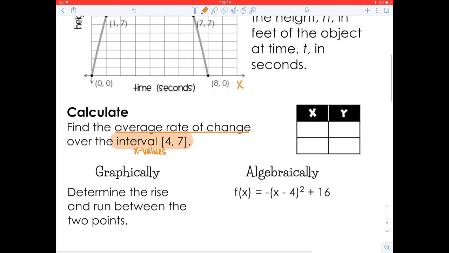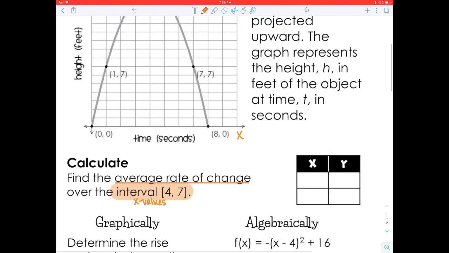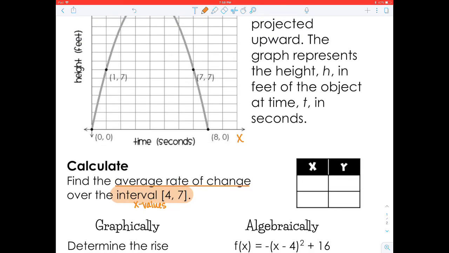So we can find these x values on the graph. We want to go from 4, so 1, 2, 3, here's 4, all the way to 7. So 5, 6, 7, that's here. This is the interval that I'm looking at for my average rate of change.